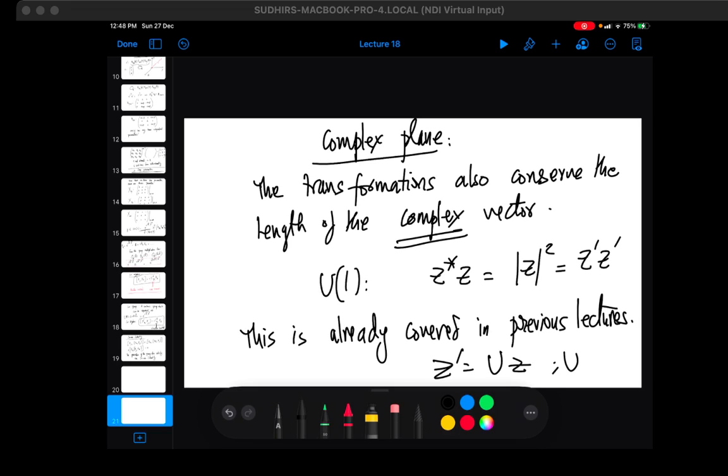This is something which we already looked at in the previous lecture. So now let's look at SU2.